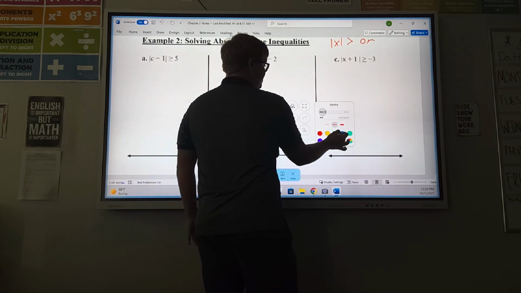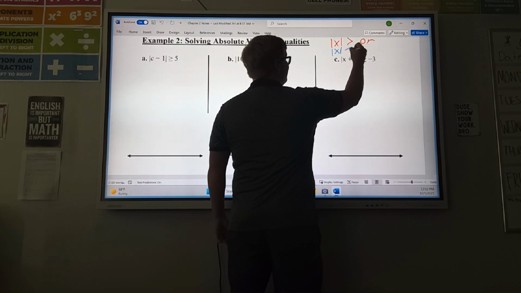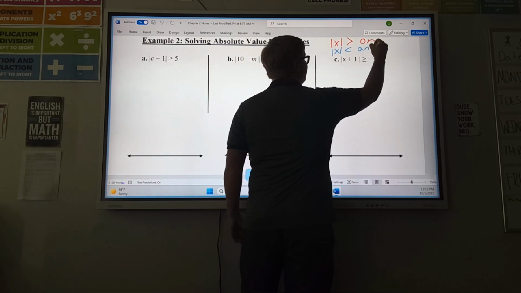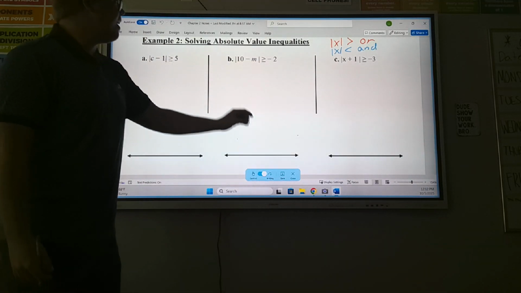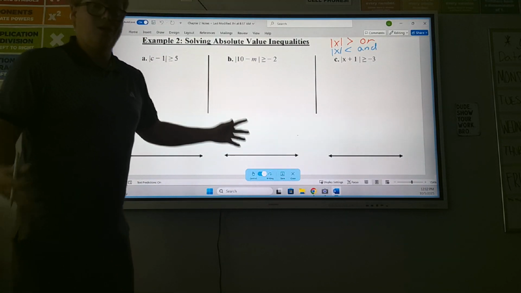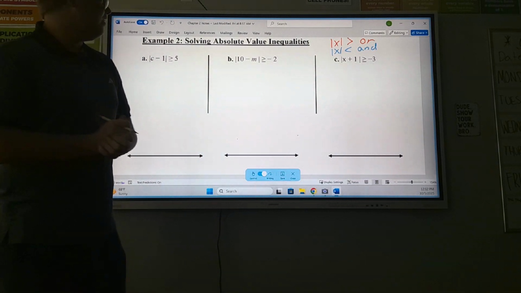And again, what we just got done covering is when we have an absolute value that is less, it's and. Again, that's the only difference. But we know that if we have or compound inequalities, we cannot put them together and solve them at the same time. So the and ones are a little bit easier.